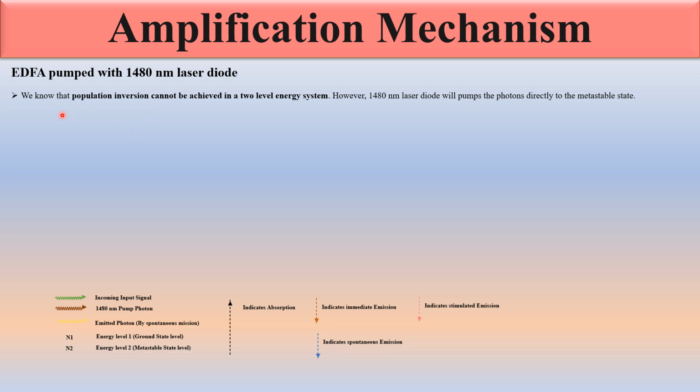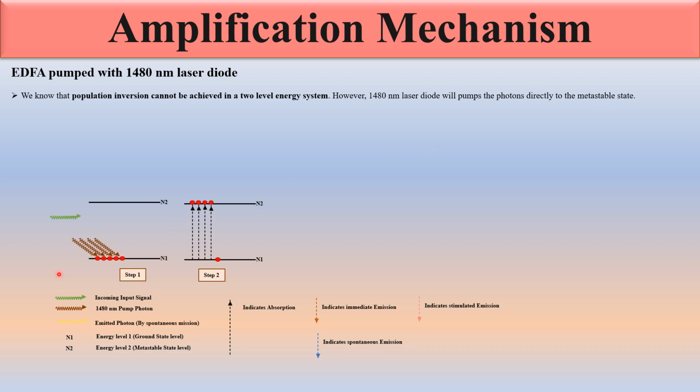We know population inversion cannot be achieved in a two-level energy system. However, the 1480 nanometer laser diode will pump the photon directly to the metastable state. In 980 nanometer, the pump photons move the electrons from N1 to N3 directly, but here, using the 1480 nanometer laser diode, it will pump the photons directly to the metastable states.